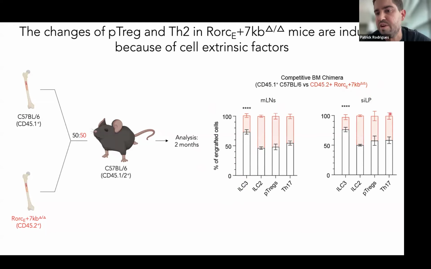And this was true for the mesenteric lymph node as well as for the small intestine lamina propria. This already indicates that the RORC enhancer is very potent in inducing the development of ILC3s, but seems to be negligible for the development of PTRACs or Th17, which both require Rorγt.